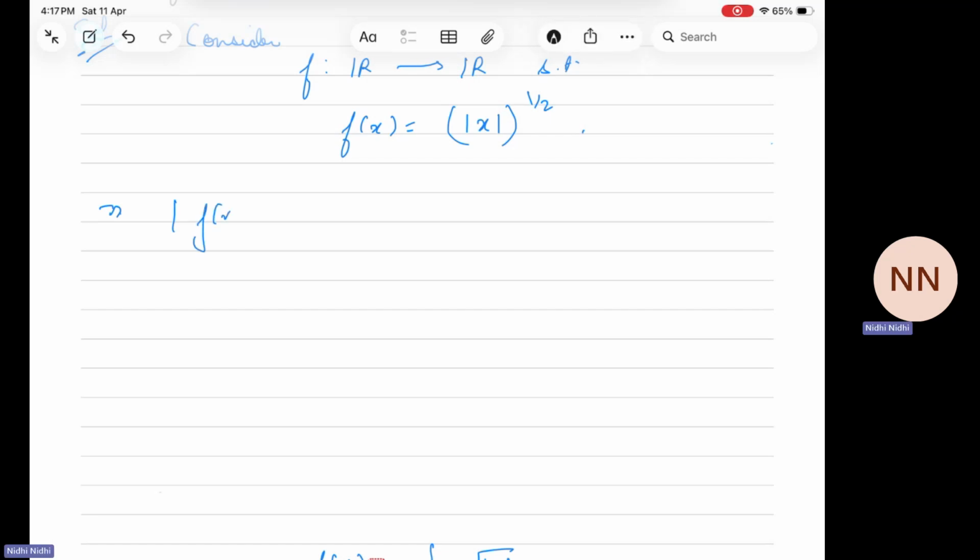mod f(x) minus f(y). This is equal to mod x to the power 1 by 2 minus mod y to the power 1 by 2. This will be less than or equal to mod x minus y to the power 1 by 2. Why?